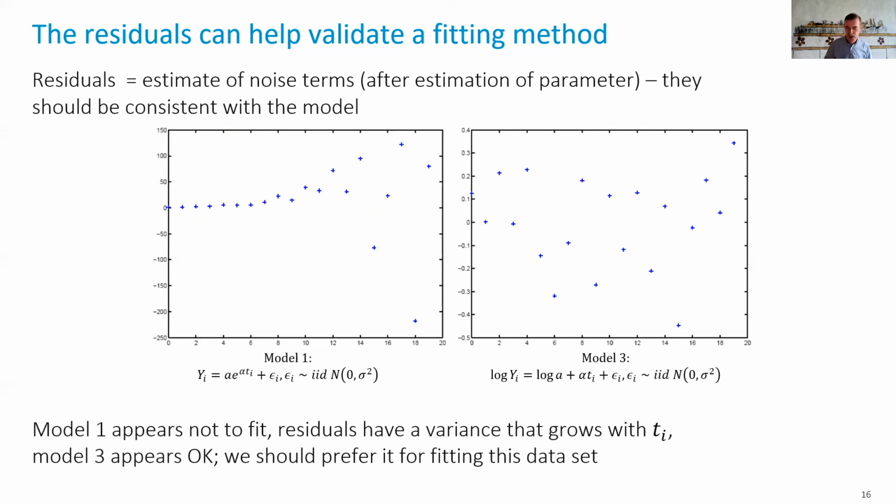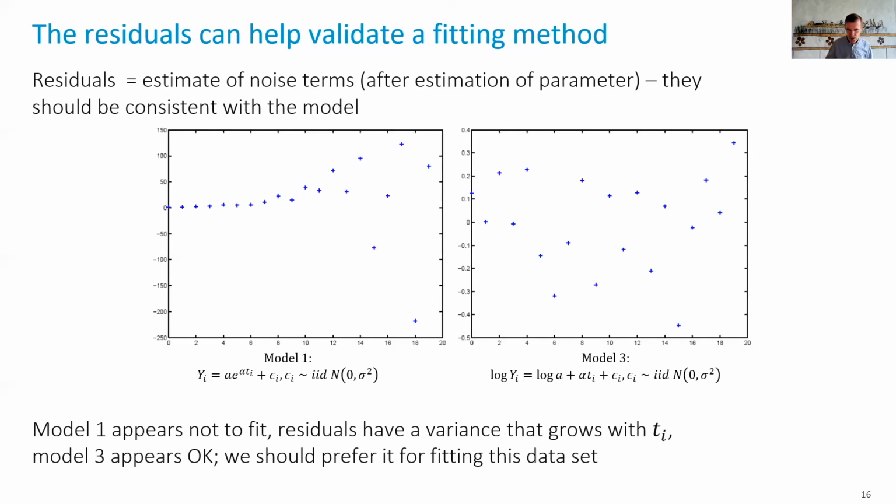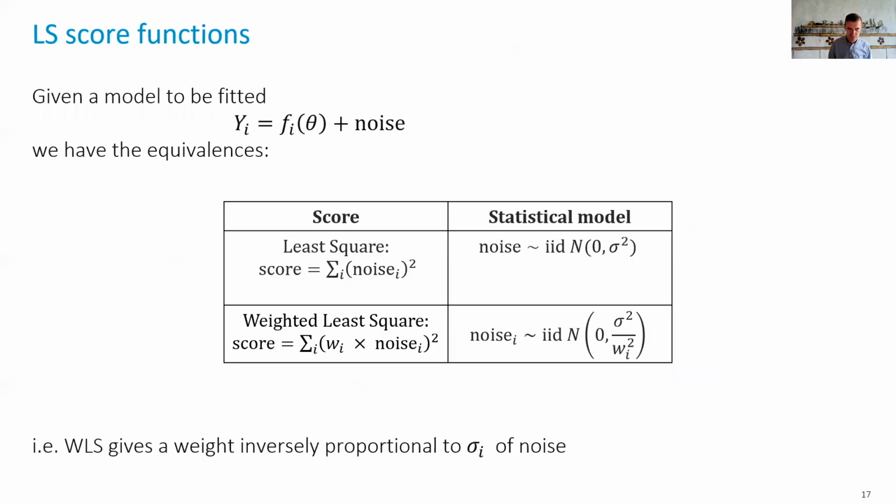Of course, we could have seen this by looking at the data from the beginning, but the important thing is to know what we should look at. So the error term here is not consistent with my model. Therefore, probably the prediction is better for model 3 than for model 1.